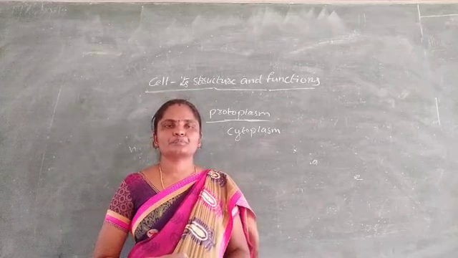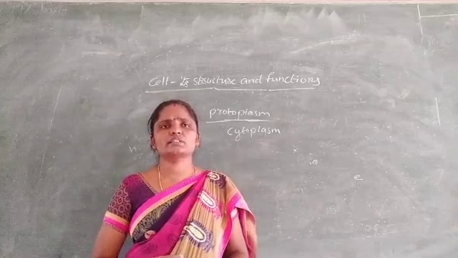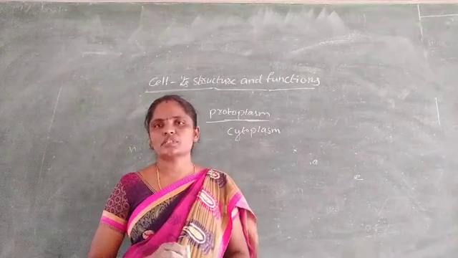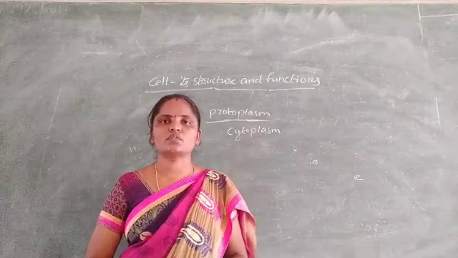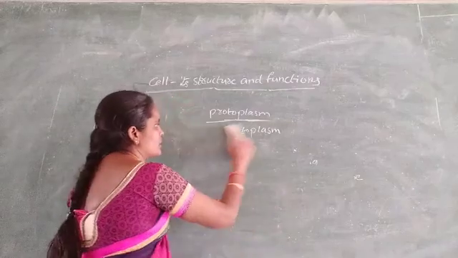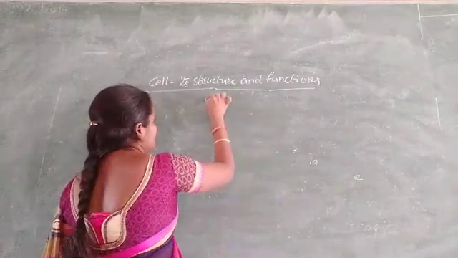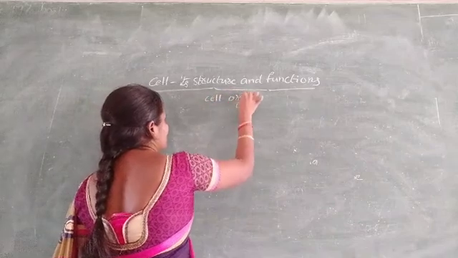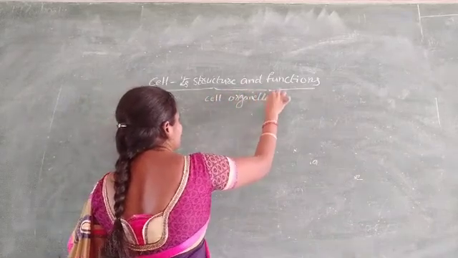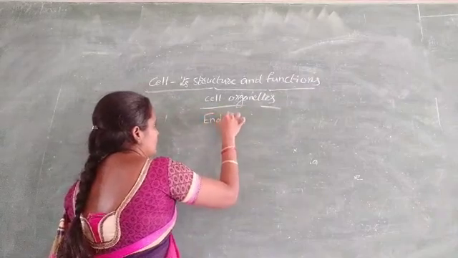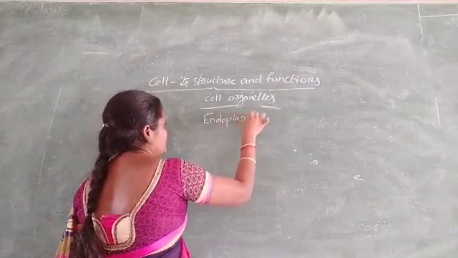In this lesson next, we are going to learn about the different types of cell organelles. What are the different cell organelles that are present in the cell? First one, endoplasmic reticulum.